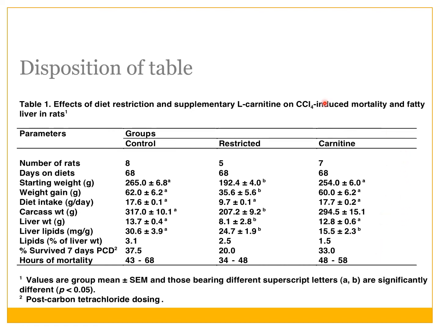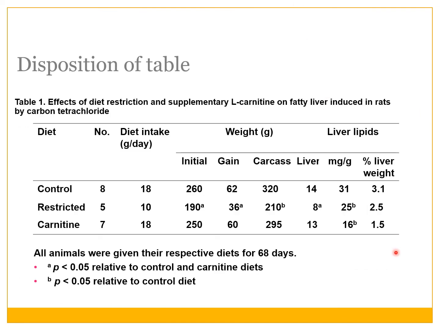So if you have a busy table as such, try to simplify it. Try to sit down with your supervisor or a group of friends on how to make this much simpler. The same data can be presented in a different way. After trying, the authors simplified the table and it looks more informative and easier to understand in this way.